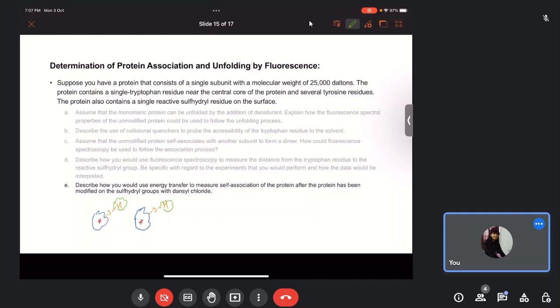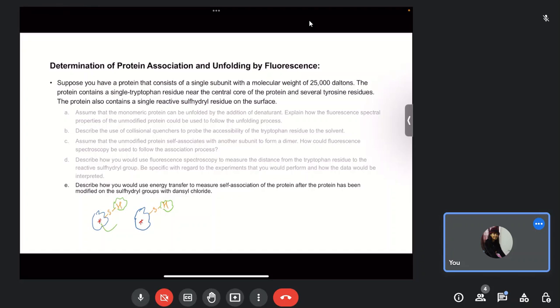One thing that we can do is this. In terms of energy transfer, it should not happen between the tryptophan and this SH unless there is a closer association.